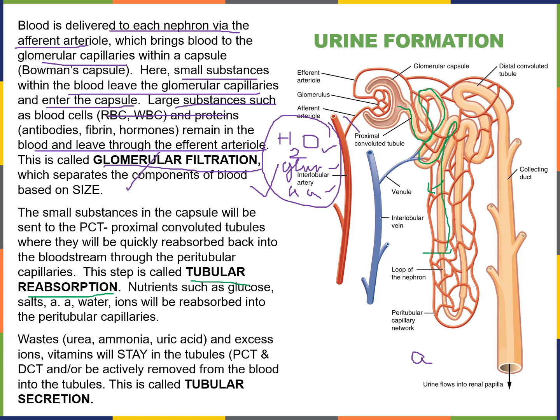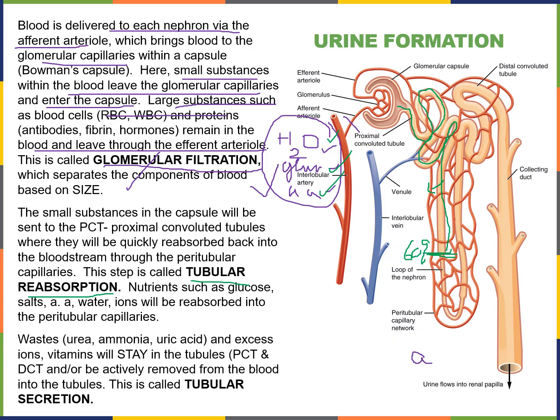So the water will be reabsorbed into blood, the glucose will be reabsorbed into blood, and the amino acids will be reabsorbed into blood. By the end of the proximal convoluted tubule, all of the glucose should be reabsorbed, all of the amino acids should be reabsorbed, and about 60% of the water should be reabsorbed.